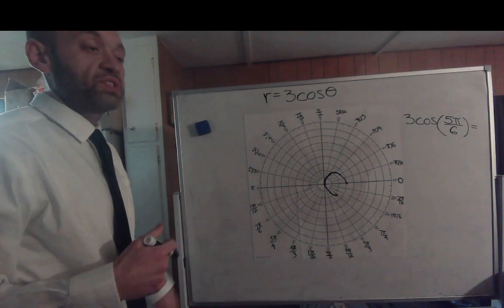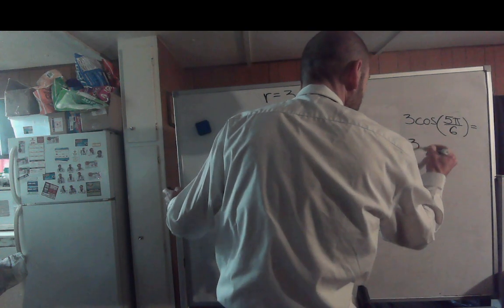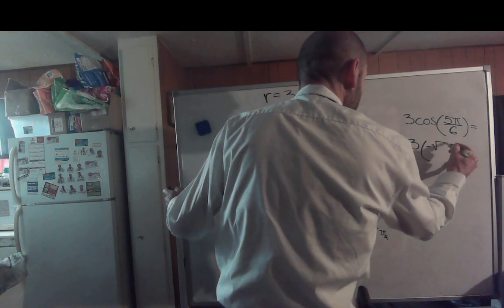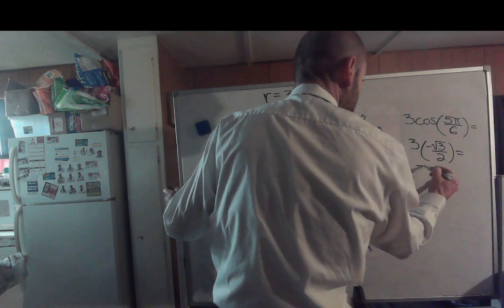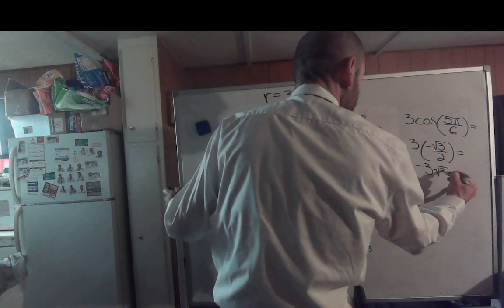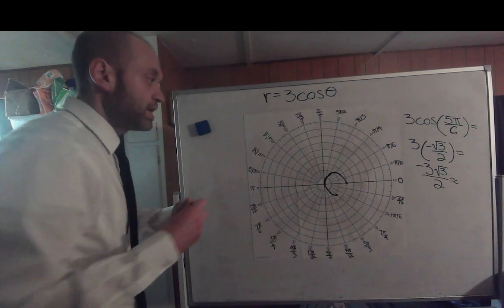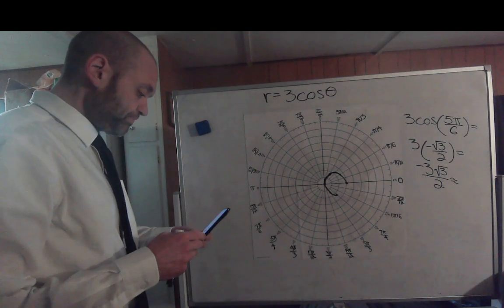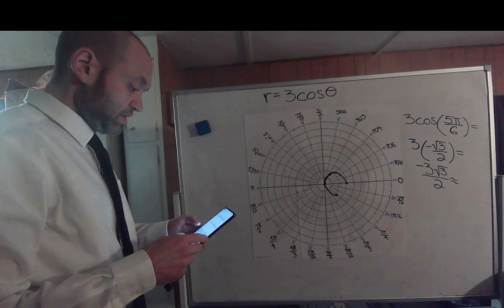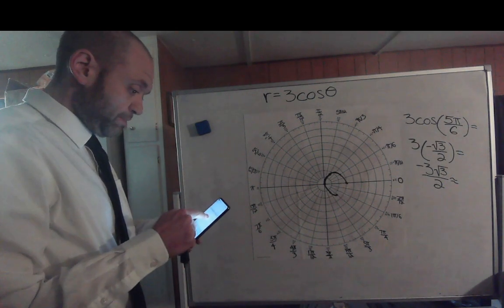Well, what's the cosine of pi over 6? That's the square root of 3 over 2, so we have to negate that. That would be 3 times negative square root of 3 over 2, which would end up giving me negative 3 times the square root of 3 over 2. So let's find the decimal approximation for all that. All right, so let's go up here.